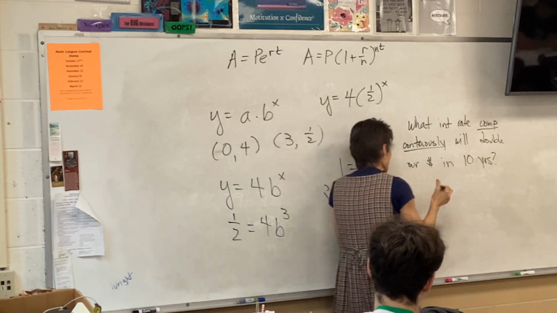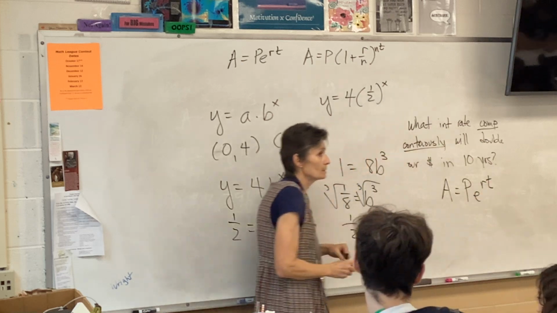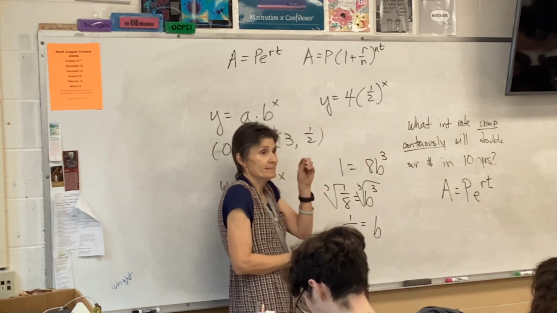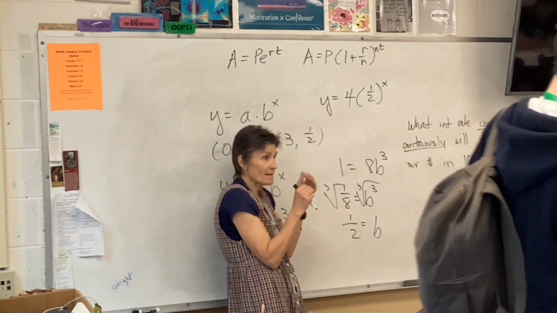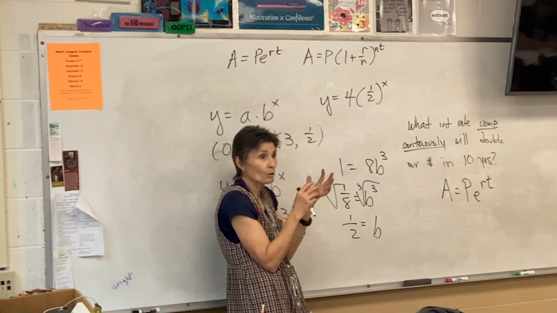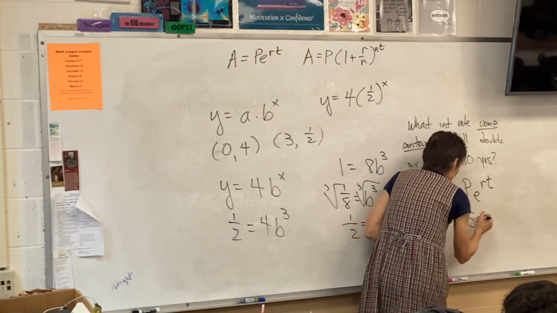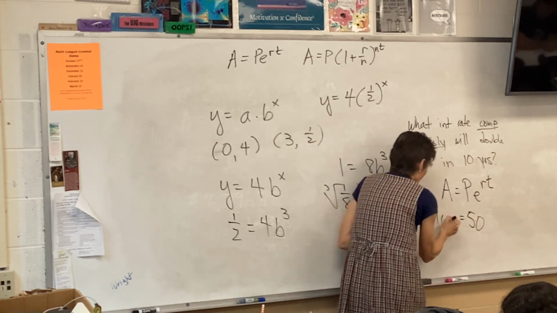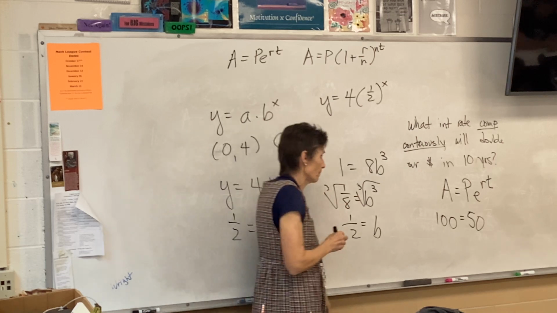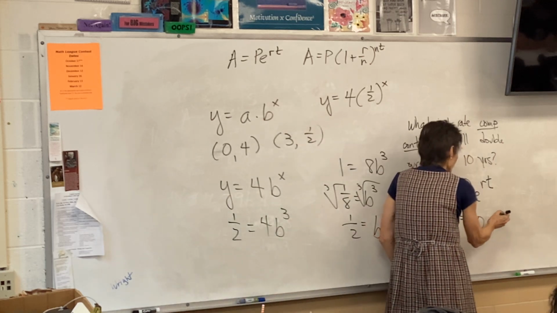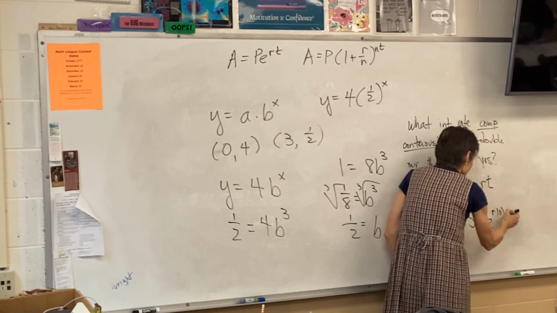So that is an immediate clue, this is Pert. I'm doubling my money, that's all I know. Which means I can start with, I don't know, let's start with 50. And then I'll end up with 100. Start with whatever you want, just end up with double it. I don't know what r is, that's what I'm trying to figure out, but it's gonna happen in 10 years.